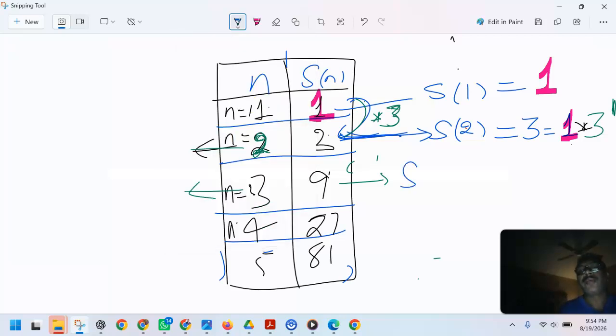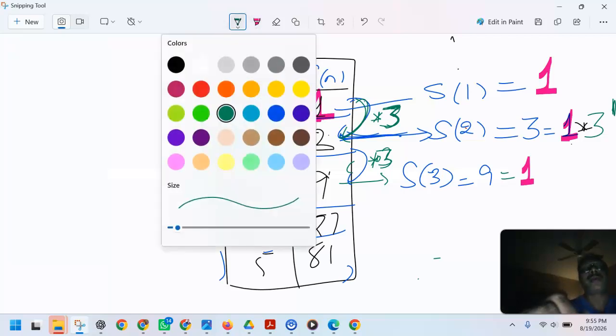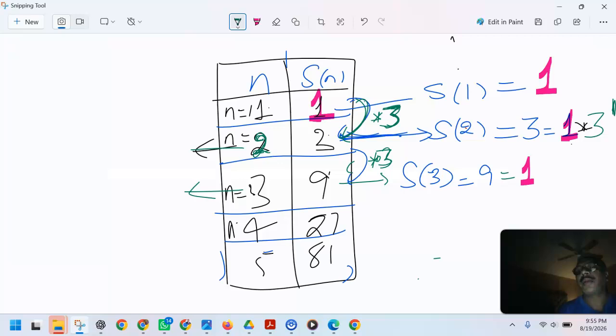This is step number 3. S of the number of black triangles in the third step is 9, but remember how many threes you're multiplying. You do 3 times 3, 9, and again multiply 3. So you're kind of having two threes multiplied. In the beginning we have 1, and then you're multiplying by two threes, 1 and 2.